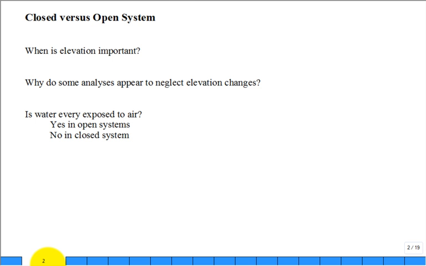So in the general description, we should consider closed systems and open piping systems. What is the difference? Well, it's whether or not the system is open to the atmosphere or closed to the atmosphere. And is elevation important? Well, elevation's always important, but when you have a pump and you're calculating the power required by the pump, if it's an open system, it's very important, because typically the pump pushes some water up and then sprays it out and then it's collected.